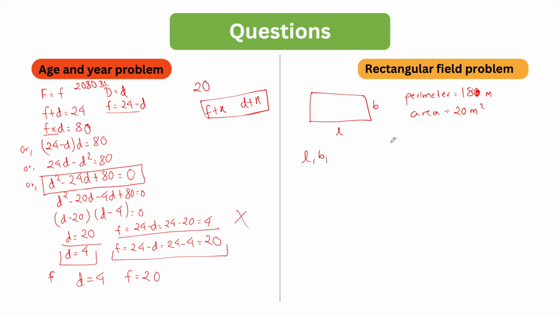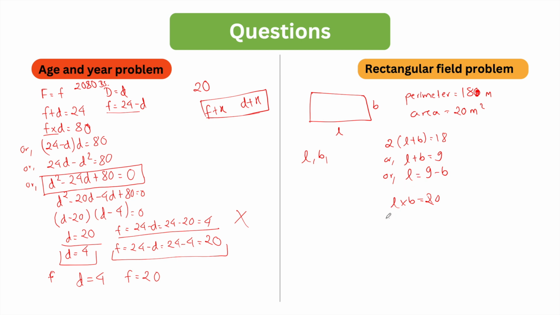So from the perimeter we will get 2(L + B) = 18, or L + B = 9, and we will separate one, either L or B, so that it is easier for us to solve this. So we will separate L, so L = 9 − B, and from area we will get L × B = 20.